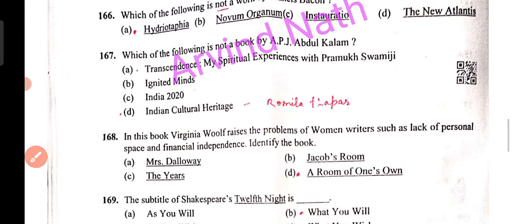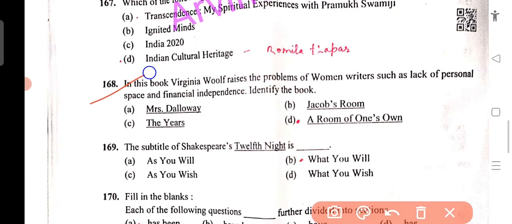Now the next 168, in this book Virginia Woolf raises the problems of a woman writer, such as the lack of personal space and financial independence. Identify the book. Option number D will be the correct, A Room of One's Own.